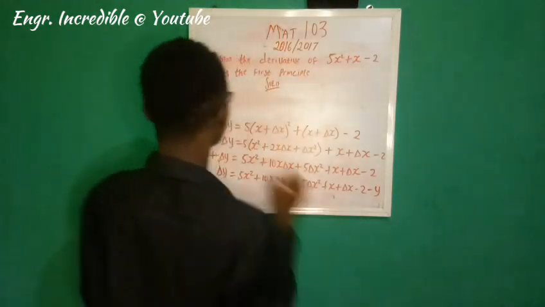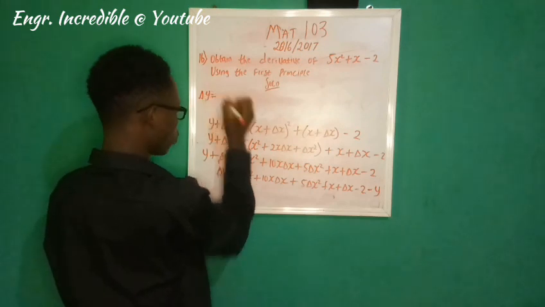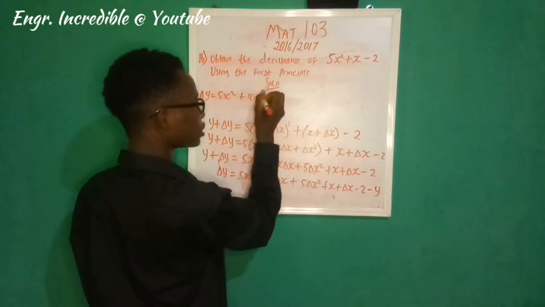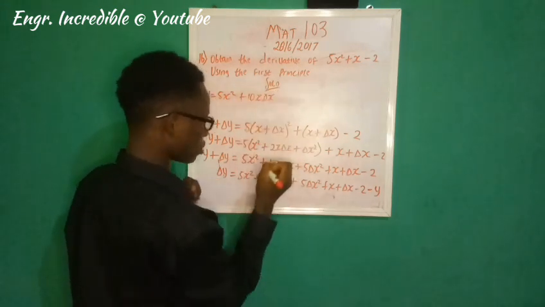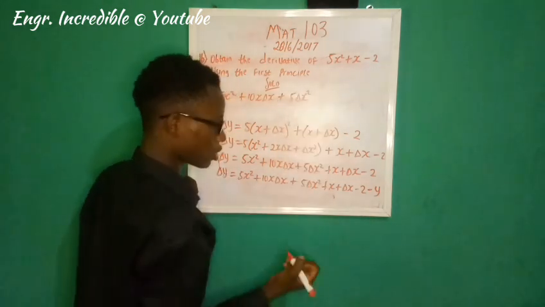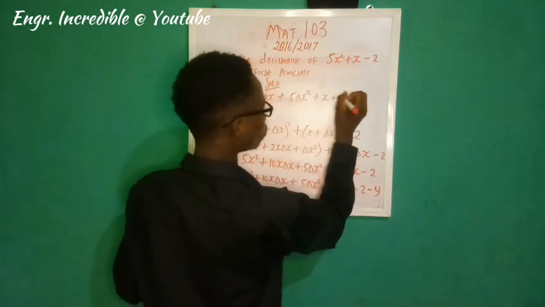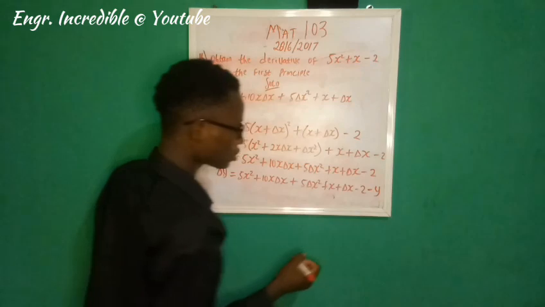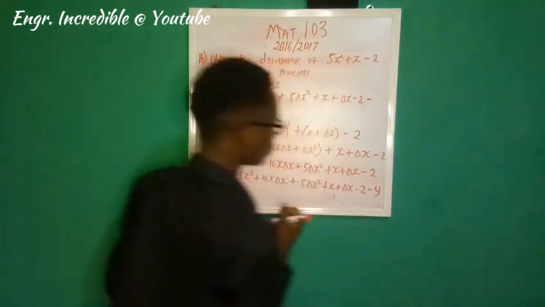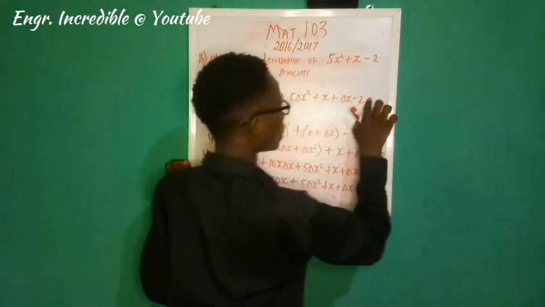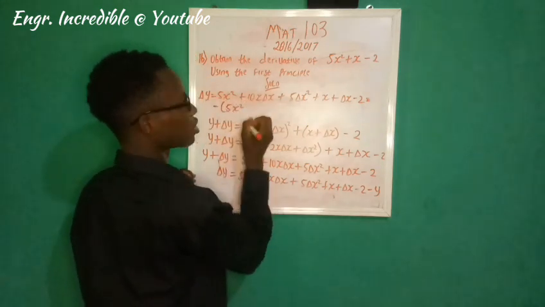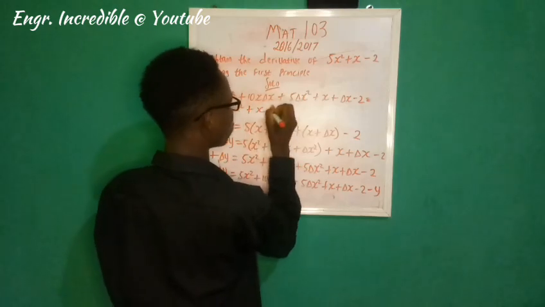So therefore we will have delta y is equal to 5x squared plus 10x delta x plus 5 delta x squared plus x plus delta x minus 2, then minus, in brackets, 5x squared plus x minus 2.